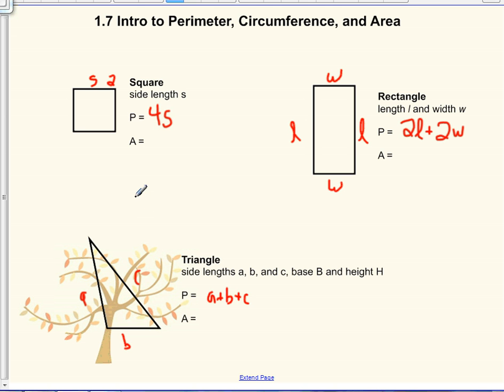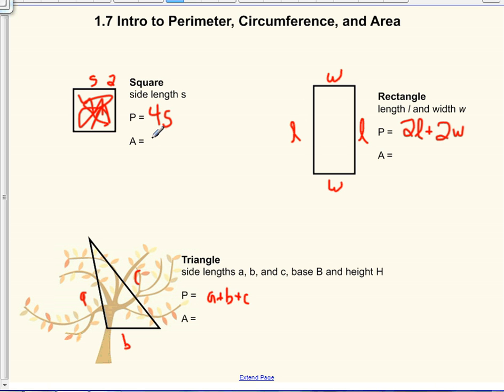Now, area is a little bit different. Area is finding the amount of space that's inside the shape. Okay? Inside the shape. So what we're going to need to do is multiply a side times a side.